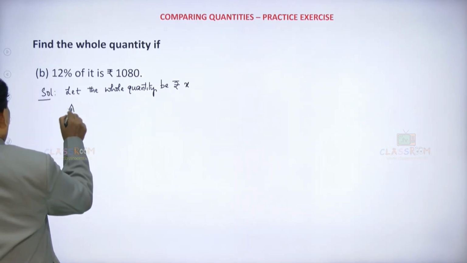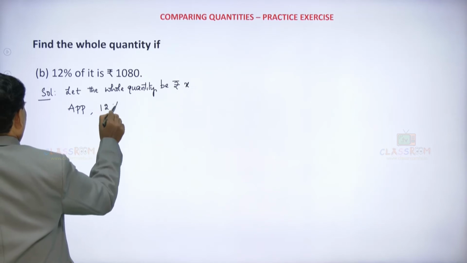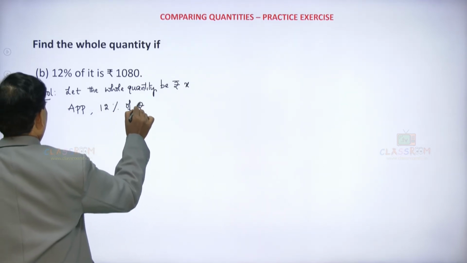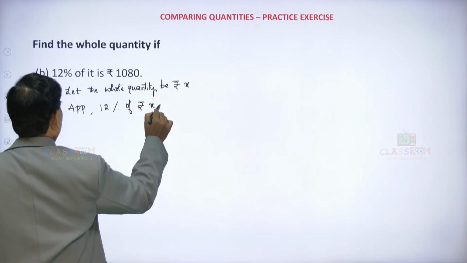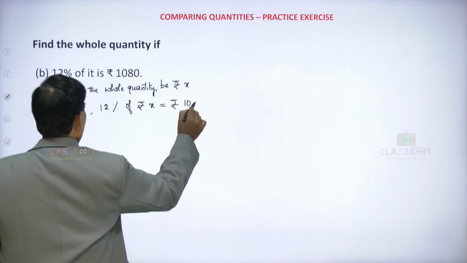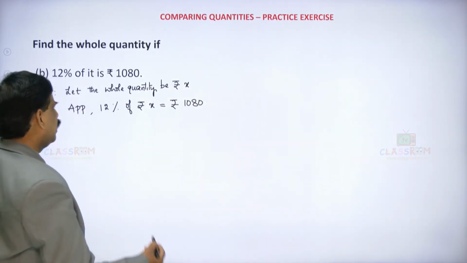So as per problem, 12% of rupees x is equal to rupees 1080. Clear?